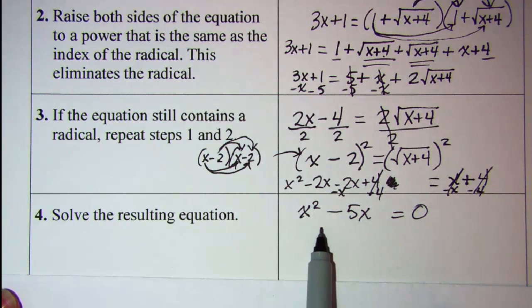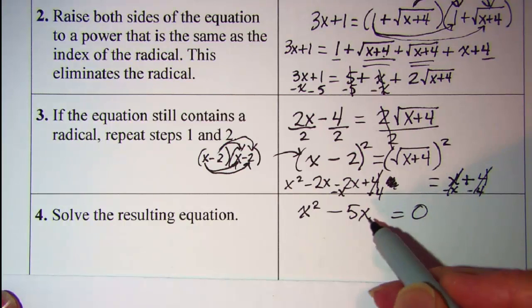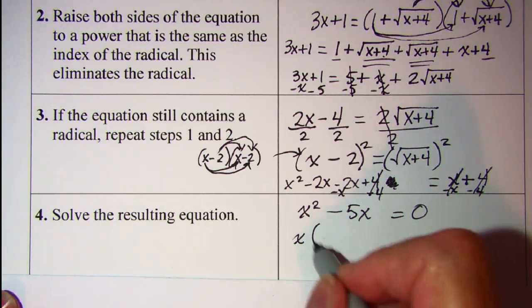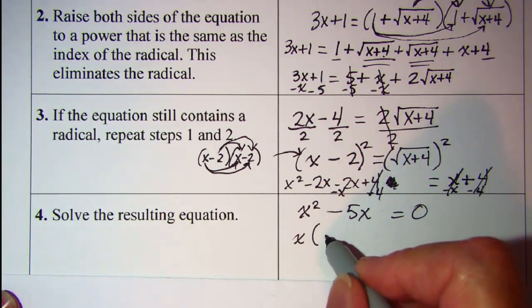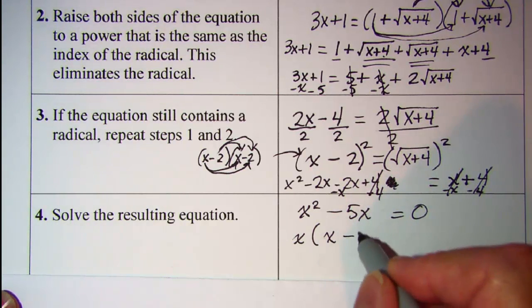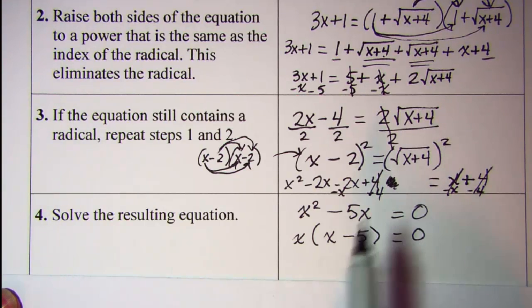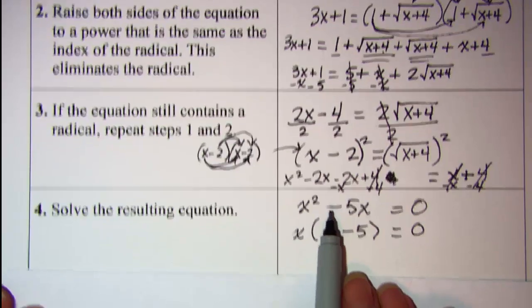Now this factors nicely. I can just factor out the common factor here of x. And I get x times x minus 5, and that equals 0. Now let me caution you.